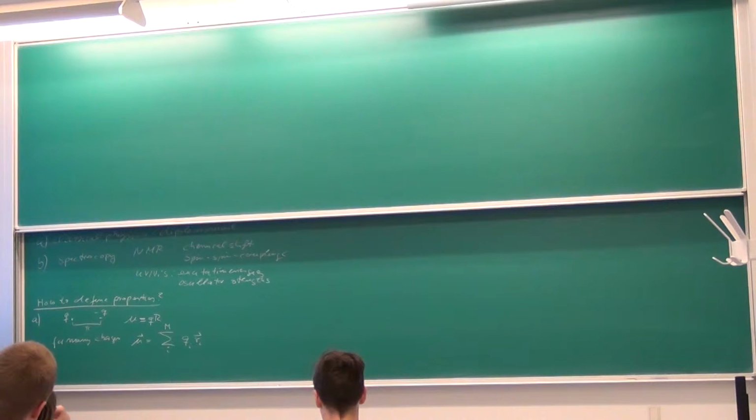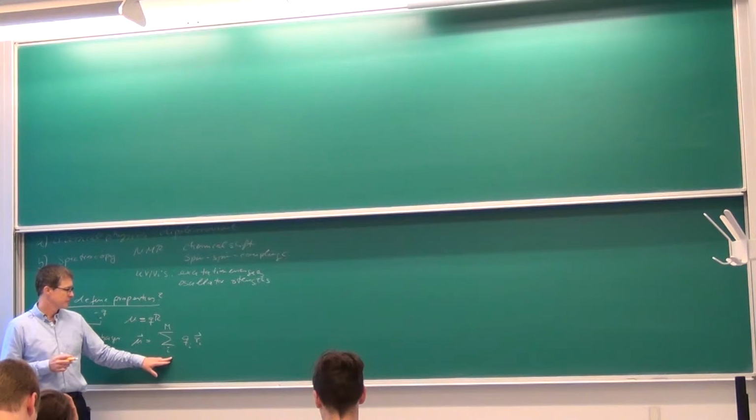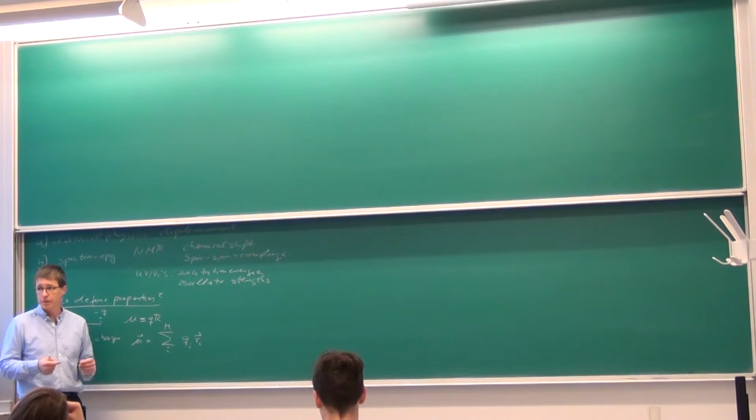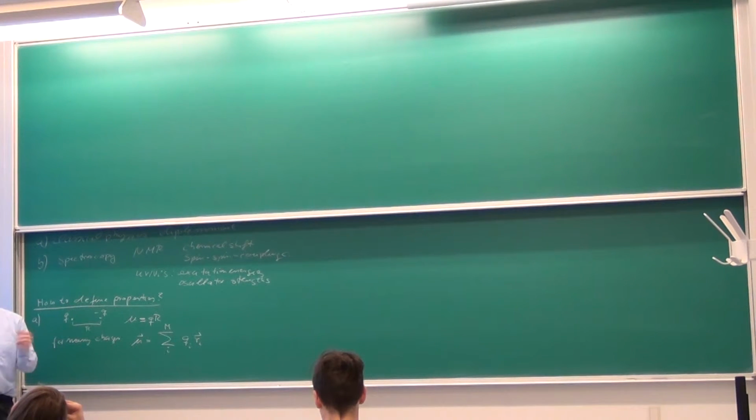Now, what we have in a molecule is in a way very similar, at least when we do the Born-Oppenheimer approximation. The nuclei have charges, and in the Born-Oppenheimer approximation we hold the nuclei fixed.